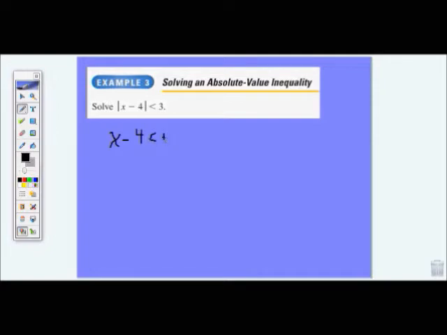Because of absolute value, that quantity could be positive. I'm also going to say that it could end up negative. X minus 4 could be negative. And because I'm saying it's a negative, I'm actually multiplying by a negative, which means in inequalities, I need to reverse my sign.